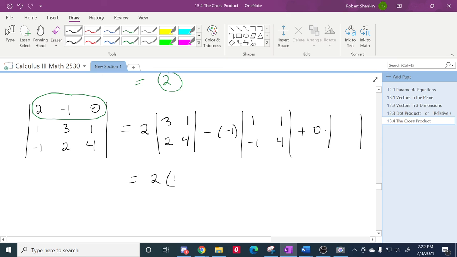And this becomes 12 minus 2. And that's 10 times 2 is 20, plus 5, 25.